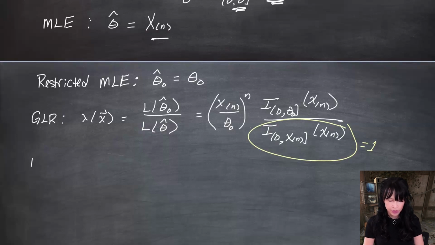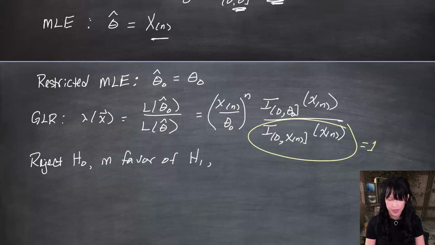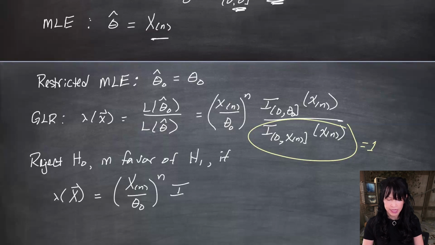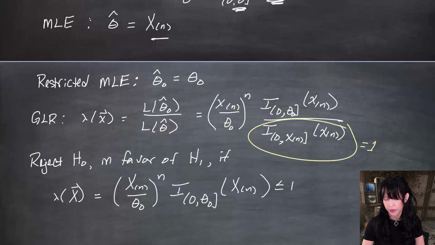So the rule here, the GLRT, is going to be to reject the null hypothesis in favor of the alternative if this lambda of capital X, which is the random capital maximum over theta naught to the n, times an indicator that puts the maximum between 0 and theta naught, I want to reject if this is less than or equal to k.